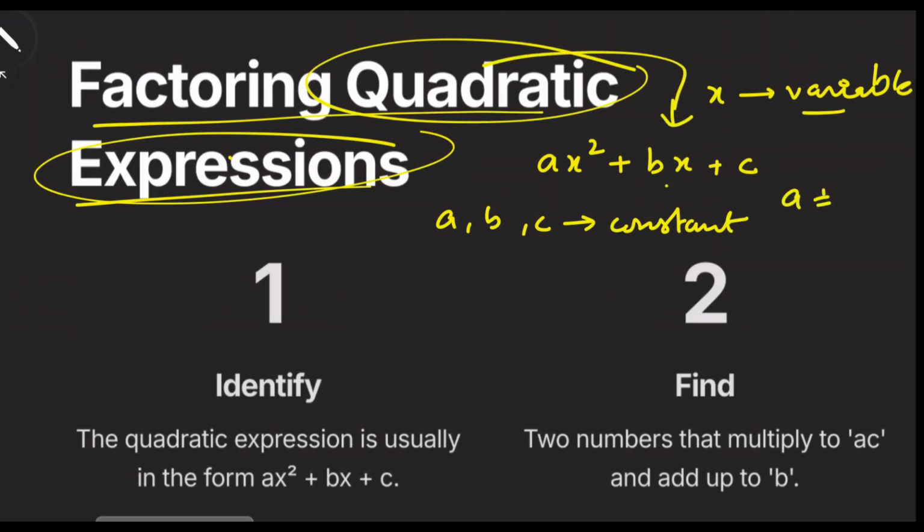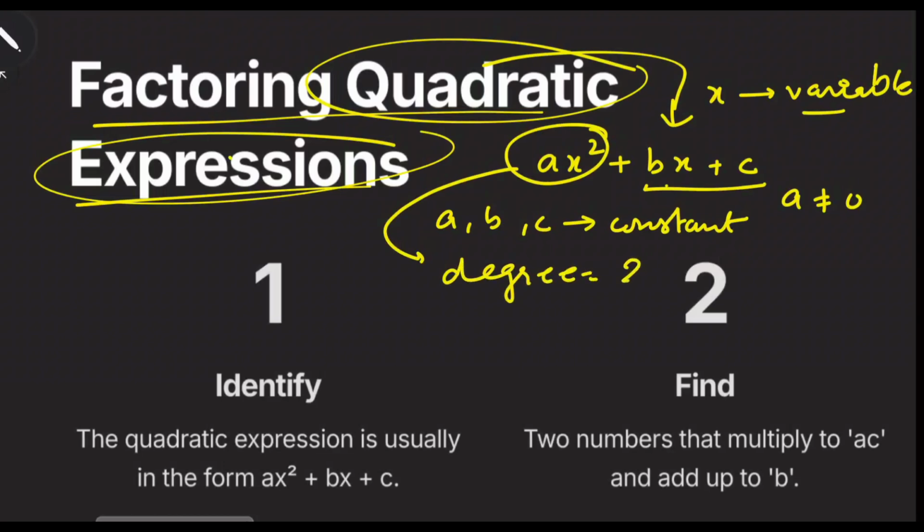Here a should not be equal to 0. Why? Because when a becomes 0, the whole term becomes 0 and this is no longer a quadratic expression. To identify whether an expression is quadratic or not, we have to see the degree. If the degree is 2, then we can say that it is a quadratic expression.